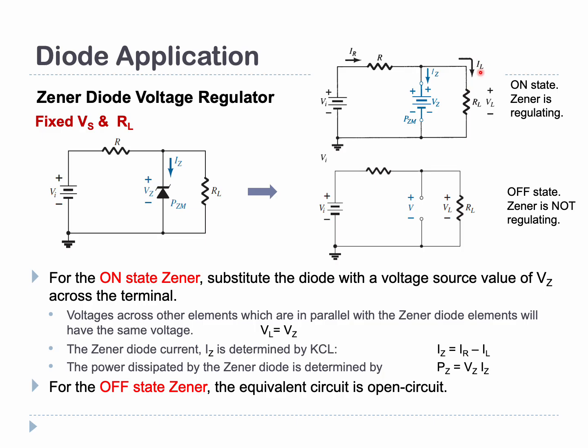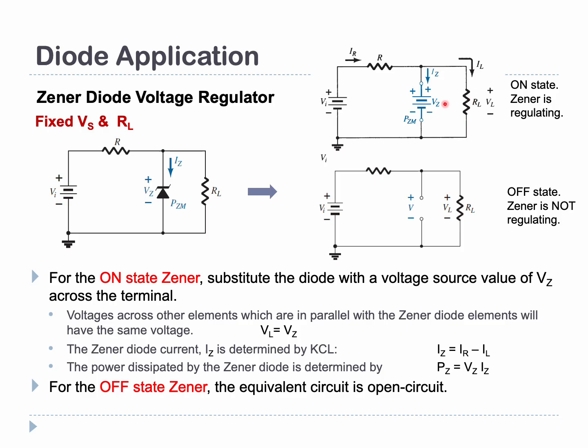Alright, so if we know the value of load current, we can use the KVL, Kirchhoff voltage law, to find the value of VR, right? So VR is equal to IR multiplied by R. So if we use the KVL, we can find the value of IS, and then in order to determine IZ, it's going to be IR minus IL.